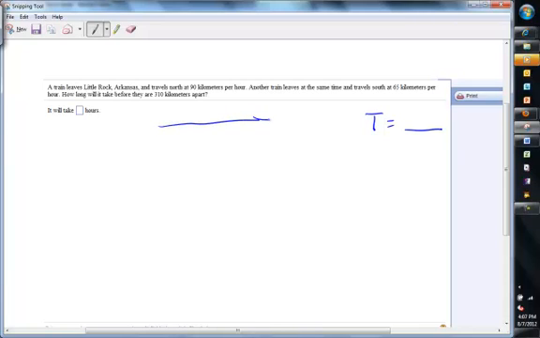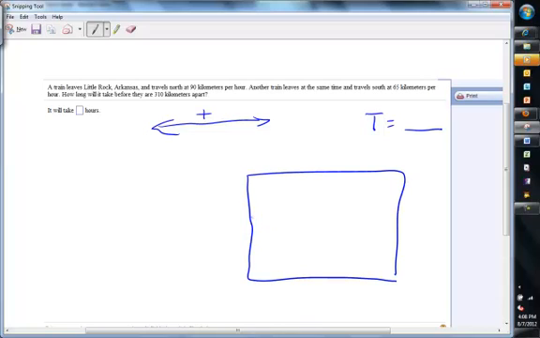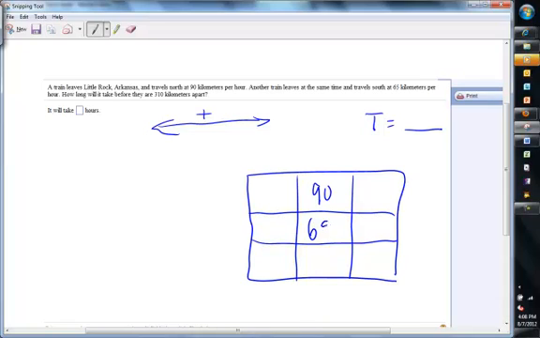Since they're going in opposite directions, we're going to add their distances together. So we have the train that goes at 90 and the train that goes at 65, and we know that the total distance is 310.